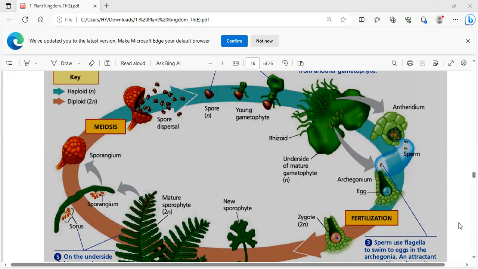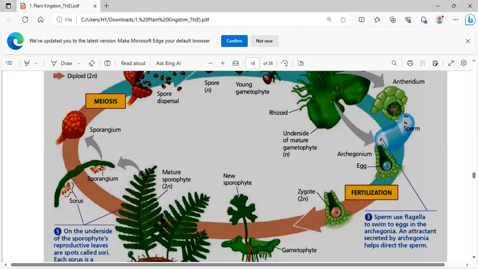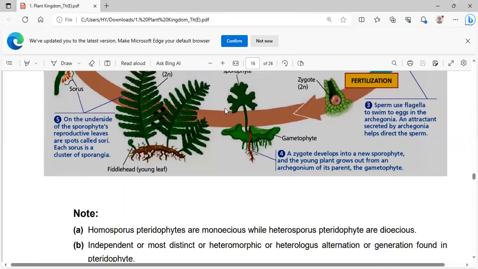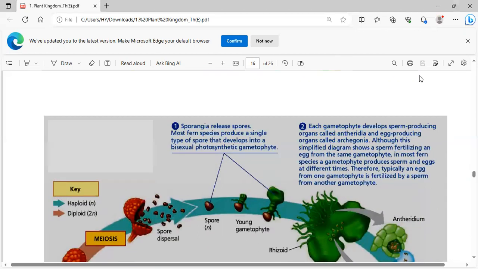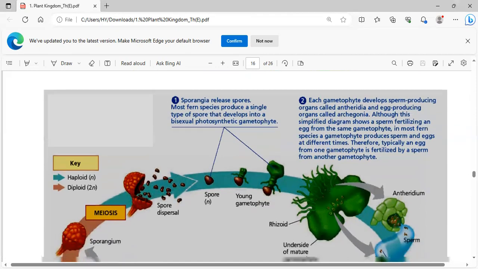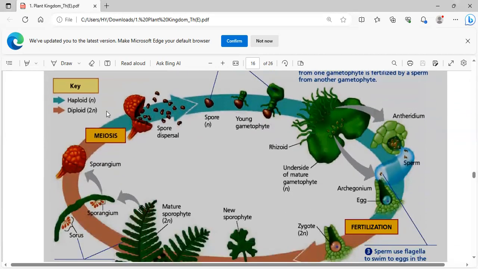Sperms use flagella to swim to eggs in the archegonium, and an attractant secreted by the archegonium helps direct the sperm. On the underside of the sporophyte, the reproductive leaves have spots called sori, and these sori produce the spores. When the spores are dispersed, they produce the young gametophyte, the heart-shaped prothallus, which has both antheridium and archegonium.